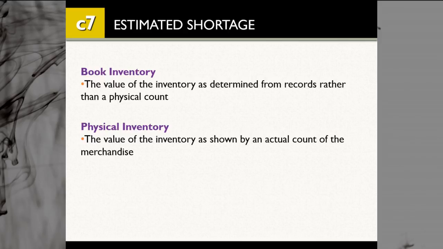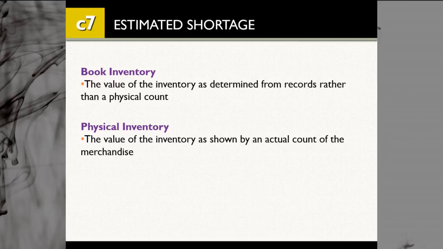Book inventory is the value of the inventory as determined from records rather than a physical count. Your physical inventory is the more accurate value, shown by an actual count of the merchandise.